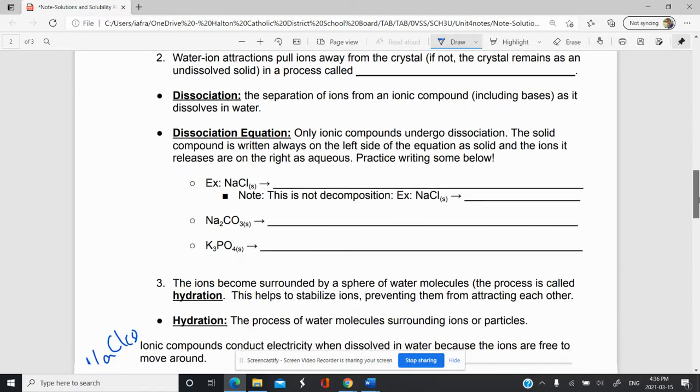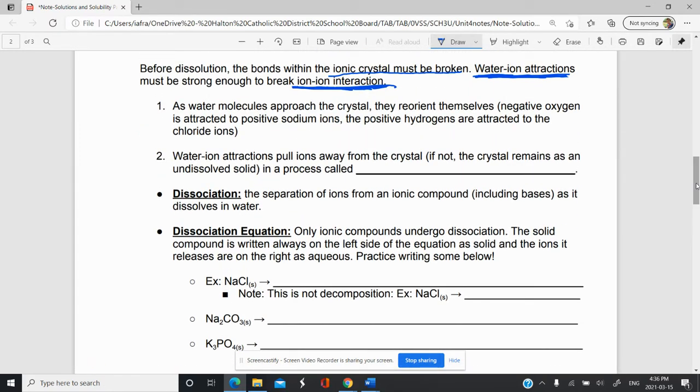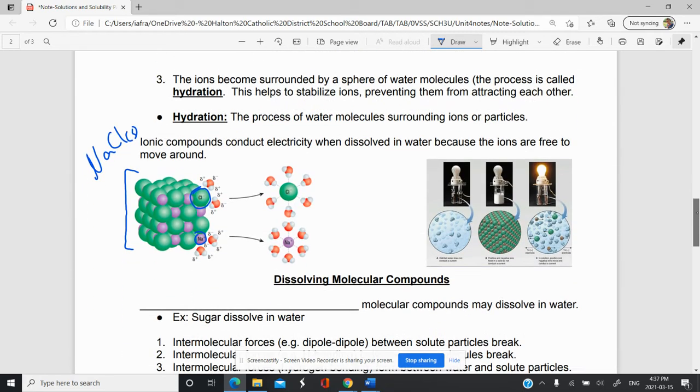So the first main step you can see here is that as a water molecule approaches the crystal, they reorient themselves. The negative oxygen is attracted to the positive sodium, and the positive hydrogen is attracted to the chloride ions. And remember, the chloride ions are negative. And you can see that in this image here.